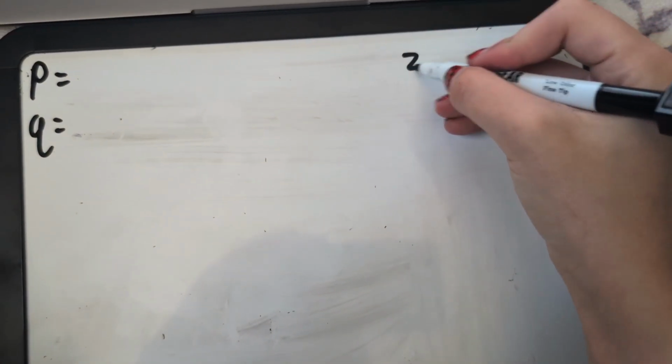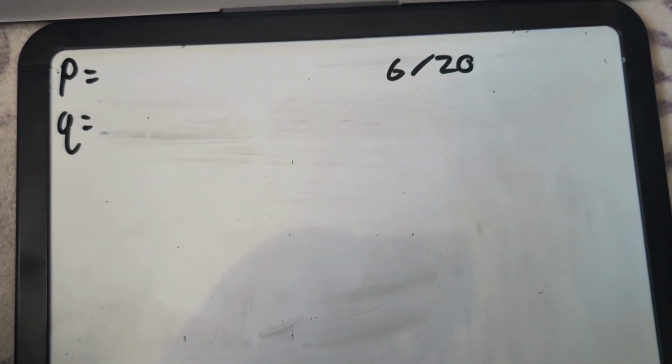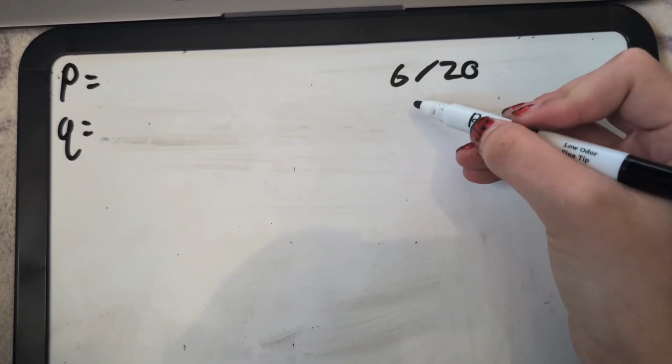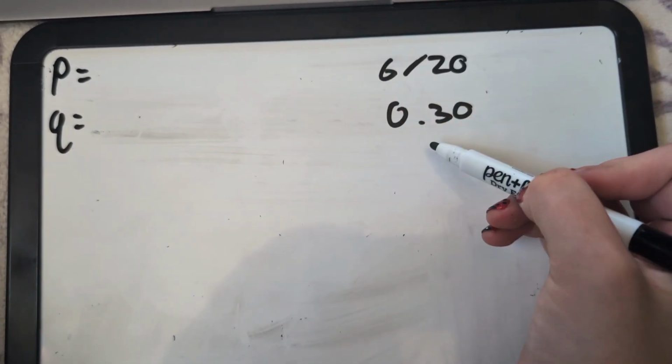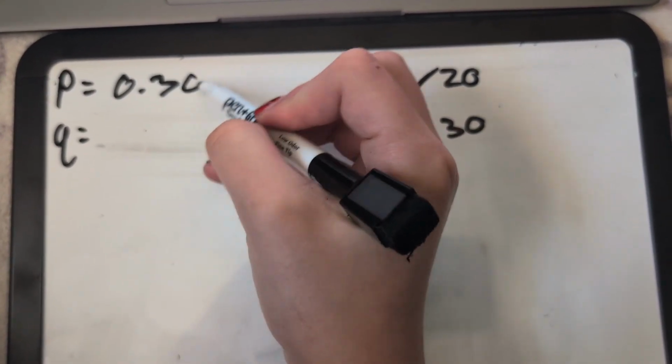The population has 20 alleles, and 6 of them are dominant, which means that 6 divided by 20 is 0.30 or 30%, so the frequency of dominant alleles, p, is 0.30.